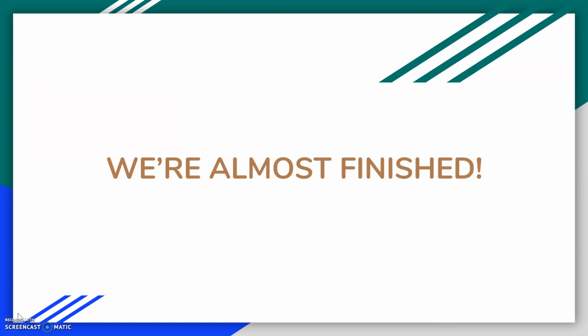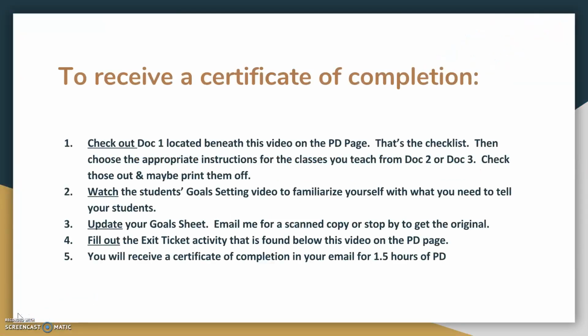Hang in there. We're almost done. Here's what to do to receive a certificate of completion and professional development credit. First, check out Doc 1 after this video. That's the folder checklist. Then choose the appropriate doc for instructions for your students.